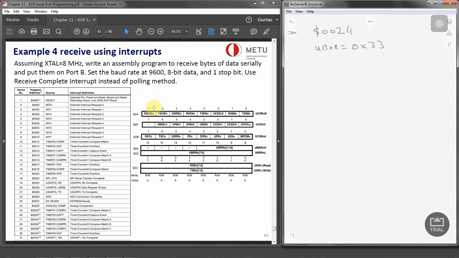So UCSR0B is going to be 1 0 0, then 1 again, then 0 0 0.